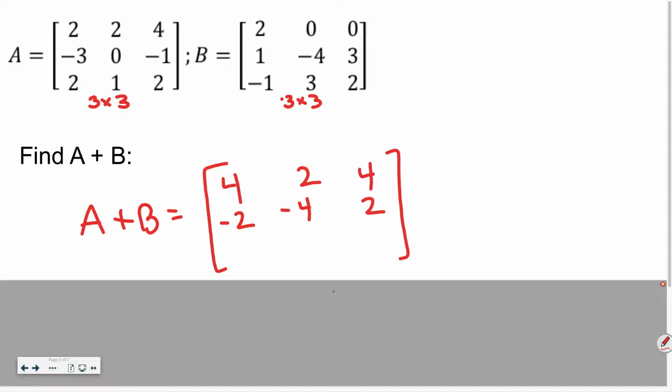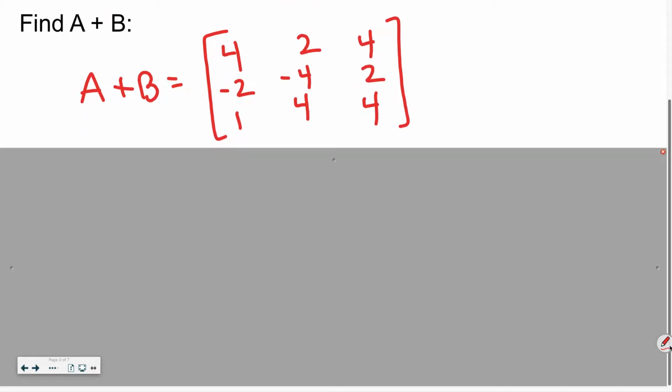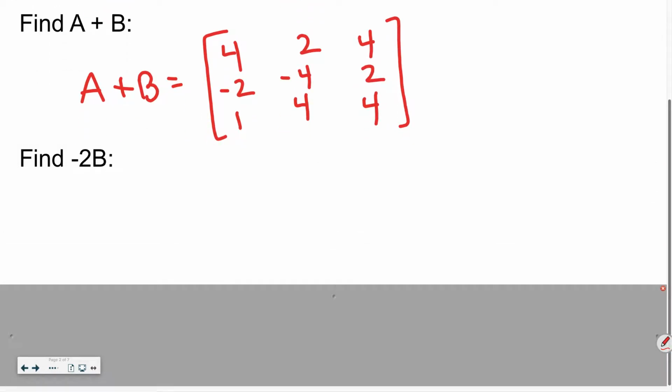Okay, 2 plus -1, 1 plus 3, and 2 plus 2. On the non-calculator portion of your test, you can guarantee I'm going to ask you a question where you add matrices together. Okay. Hopefully that's like a gift of points. Right? Let's go to the next one.